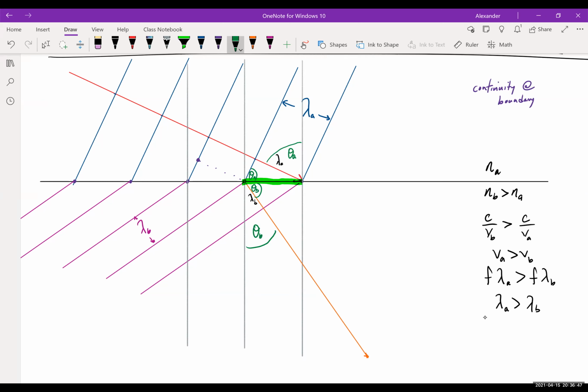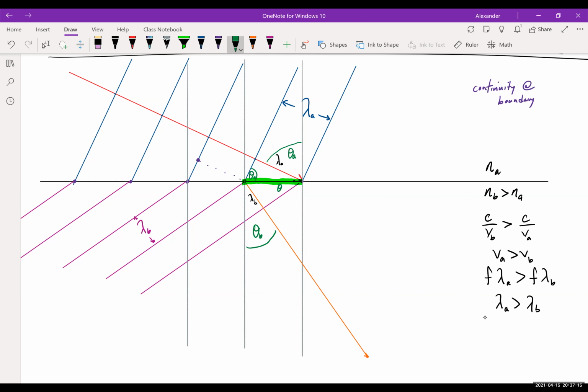That doesn't look real. Well, if that's the theta B that I want, I had it right.